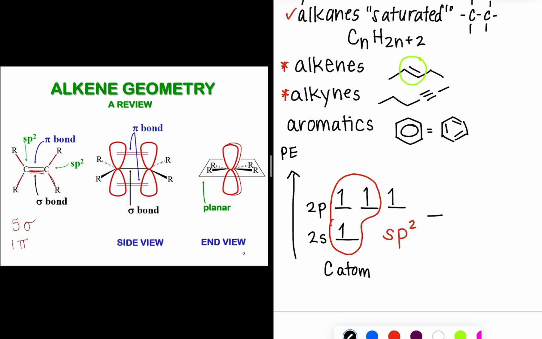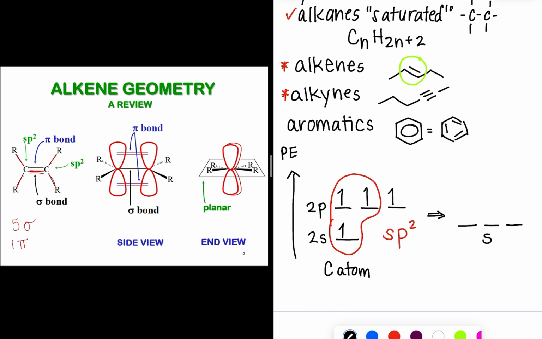Our hybridized orbitals are going to look like this. So I'm essentially going to have 3, you know what, let me draw this a little bit lower. The energy here is going to be somewhere between the 2s and 2p.